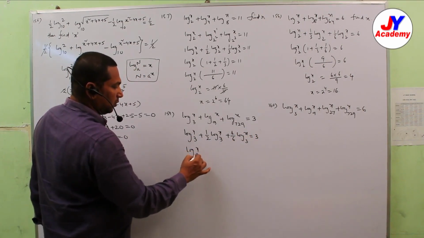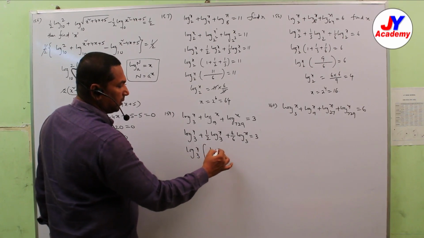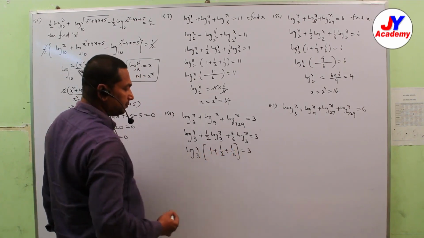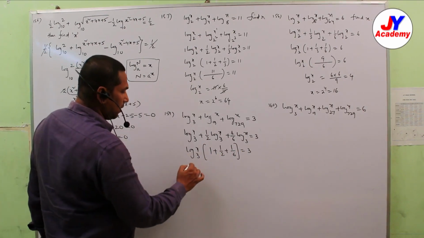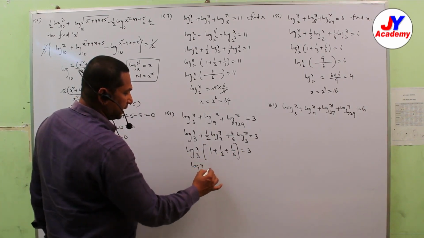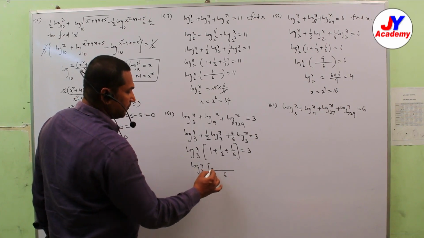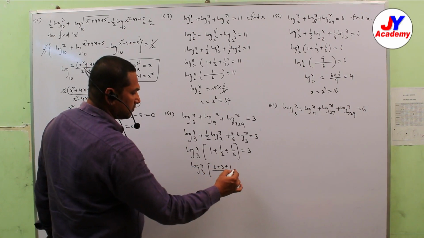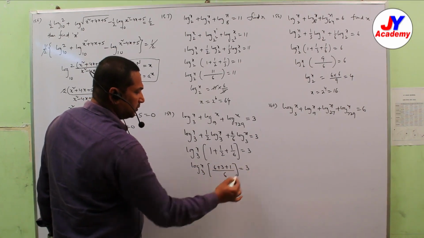So who is in common? Log x base 3. Then 1 plus 1 by 2 plus 1 by 6, LCM 6: 6 plus 3 plus 1, is equal to 3.